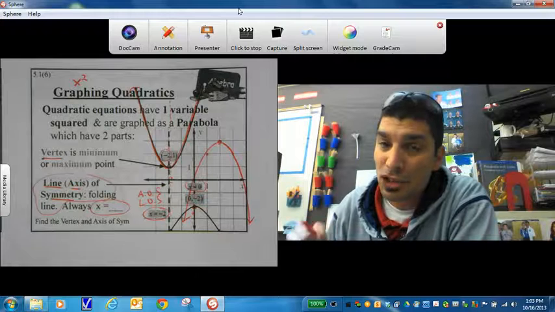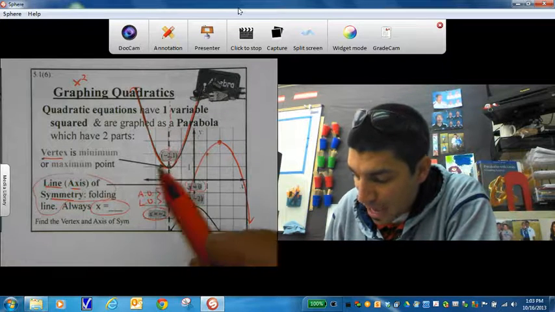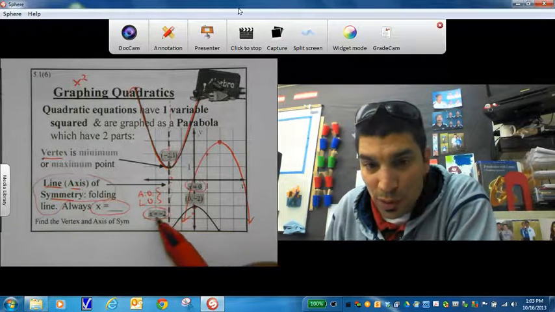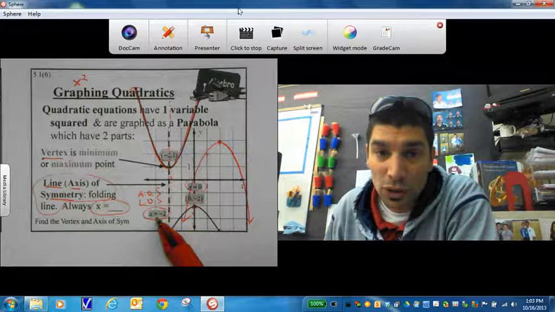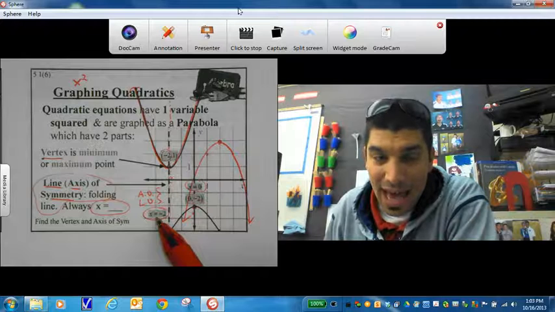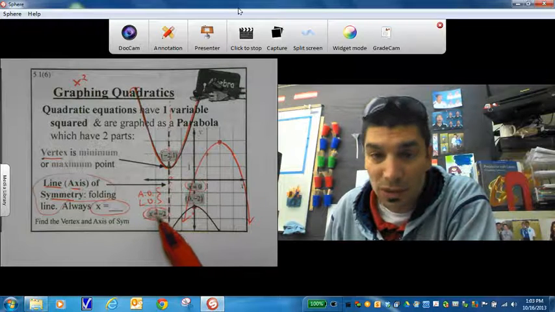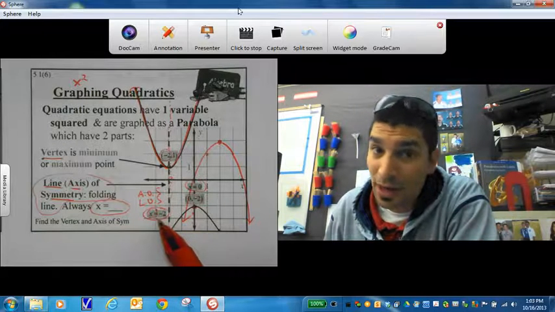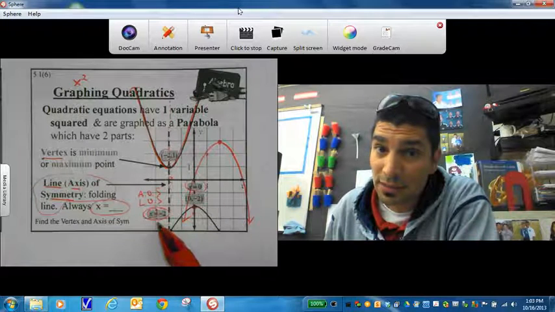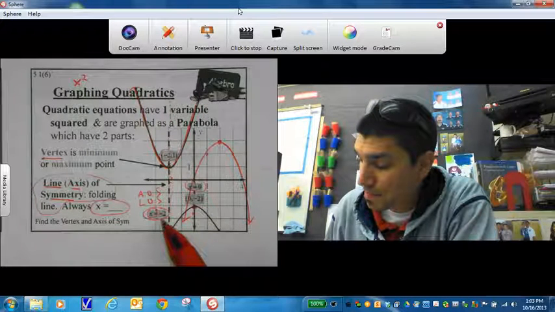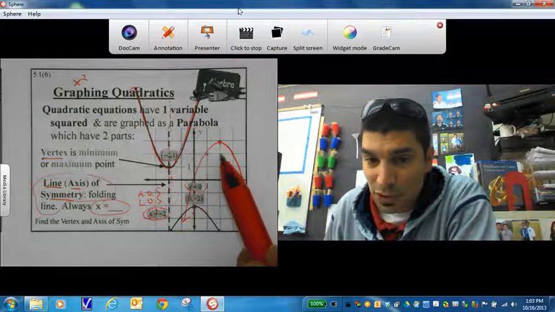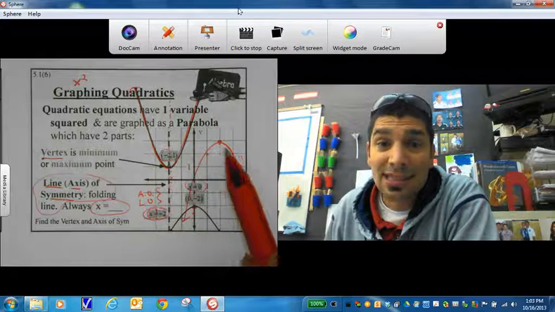And make sure over here, I would get the line of symmetry wrong if I just wrote -2. I have to have x equals -2 for this to be correct. So make sure you have x equals in the answer. Otherwise, you're going to get it wrong on the quiz and the test. Okay? What's the line of symmetry and the axis of symmetry? And this is the end of video 1.